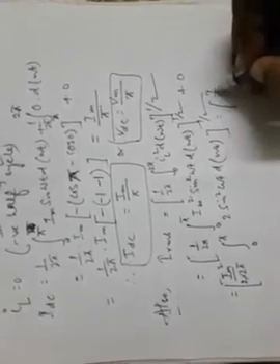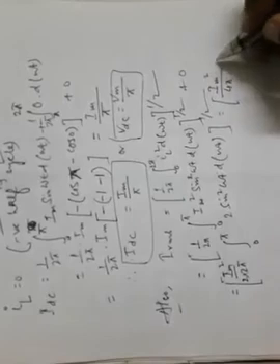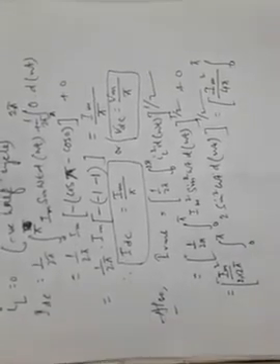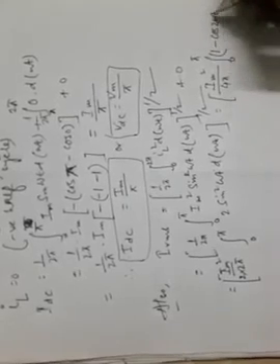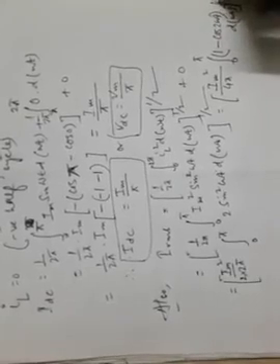This can be written as Im square by 4 pi, integration 0 to pi, where 2 sine square omega t means 1 minus cos 2 omega t, d omega t, whole to the power half.